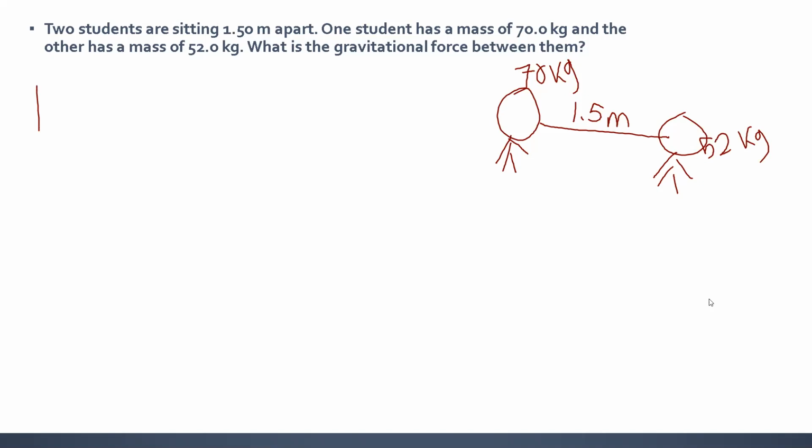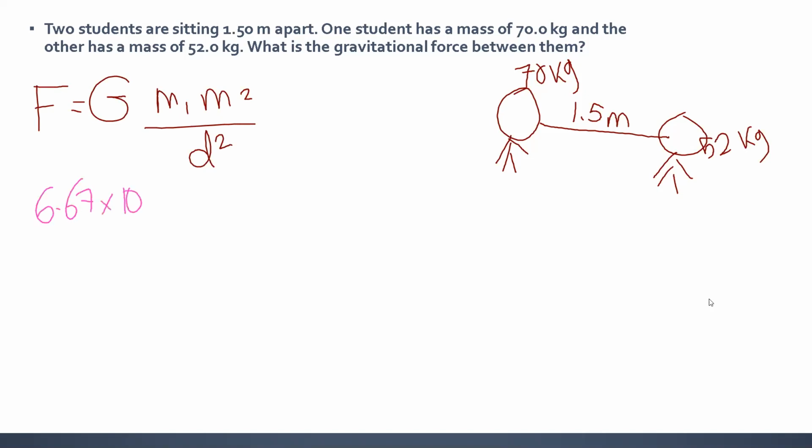Let's remember that the gravitational force is G, mass 1, mass 2, over distance squared. Now, G is 6.67 times 10 to the power negative 11. Mass 1 is 70. Mass 2 is 52. Over 1.5 meters squared.